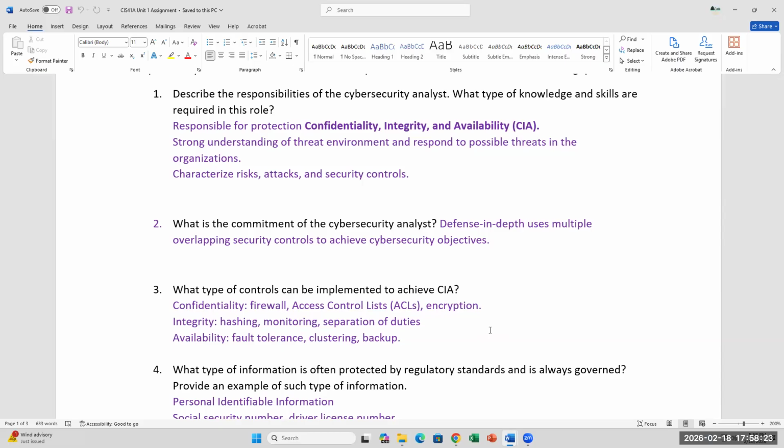Now, if they have access to a specific system with highly private information, you want another individual to also have similar privilege, but you want to make sure that you control access for these people and monitor their access.